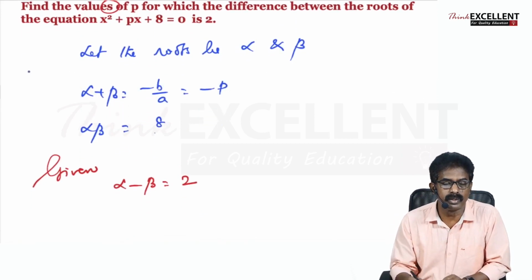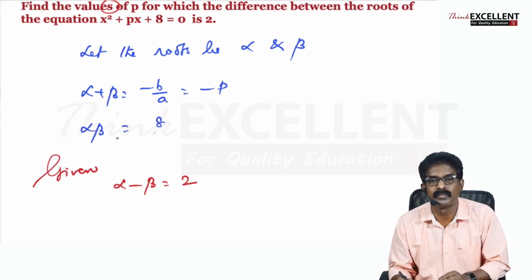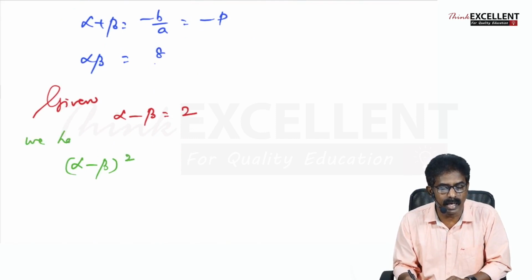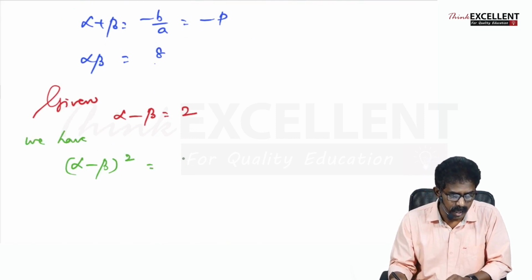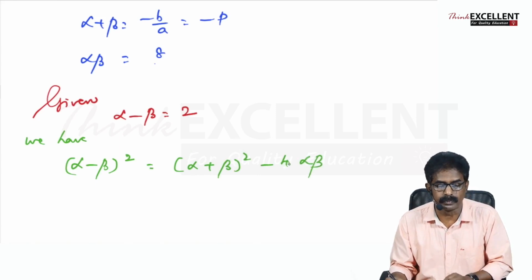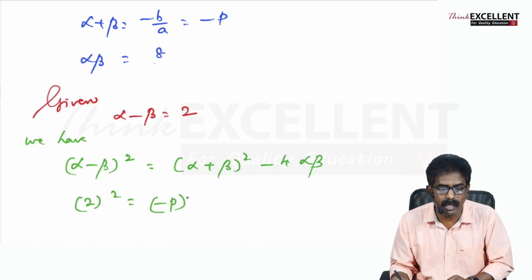Now you must know just one relation. There is a formula, alpha minus beta the whole square is equal to alpha plus beta the whole square minus 4 alpha beta. Alpha minus beta is 2. So 2 square is equal to alpha plus beta, which is minus P, the whole square, minus 4 into alpha beta, which is 8.